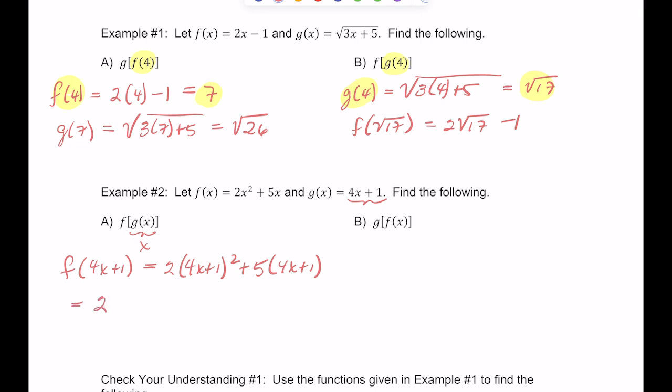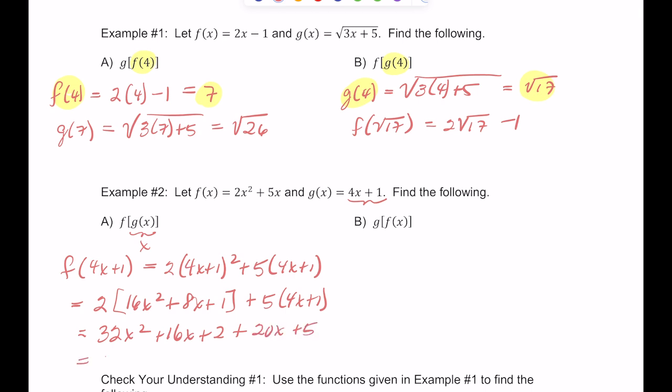I know that 4x plus 1 squared is 16x squared plus 8x plus 1. Then I have, again, 5 times 4x plus 1. I'll distribute the 2 first, which gives 32x squared, 16x, and 2. Then I distribute the 5.